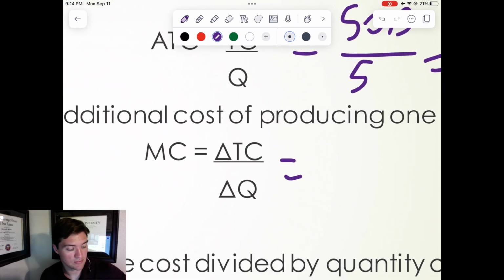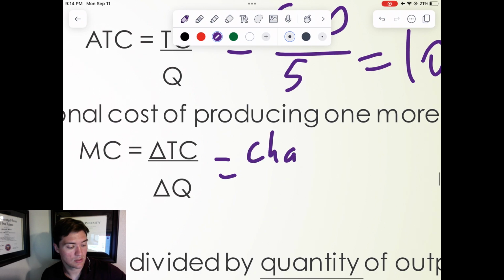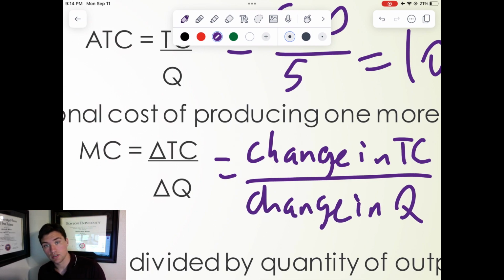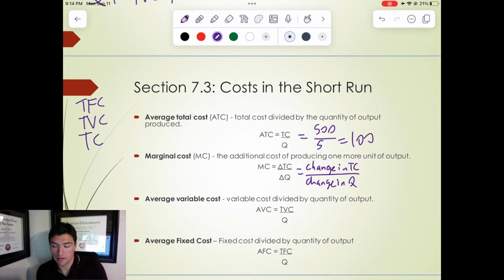Basically it's the change in total cost divided by the change in quantity. Because quantity changes, how much does total cost change? What's the extra cost of that next unit? That's going to be very useful information because we have to figure out what is the best amount of stuff that we want to make. And we need to figure out what's the cost of making one more?